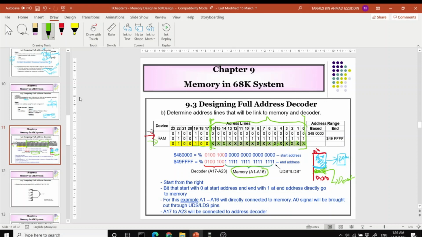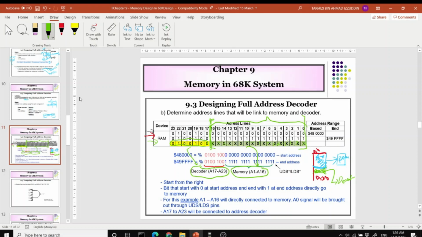So this will be connected to your decoder device. So this part over here will be connected to the memory, and this part over here is connected to your decoder device. So that's how you figure out which part of the address pin is connected to the memory and which part is connected to the decoder.